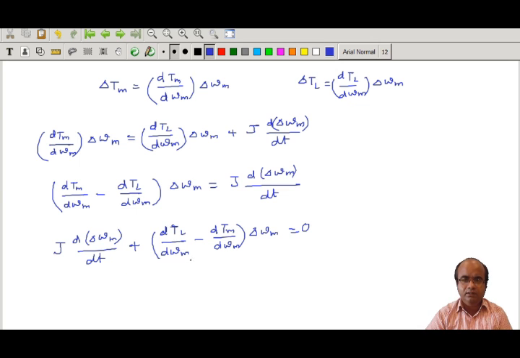Now this is a first order linear differential equation.